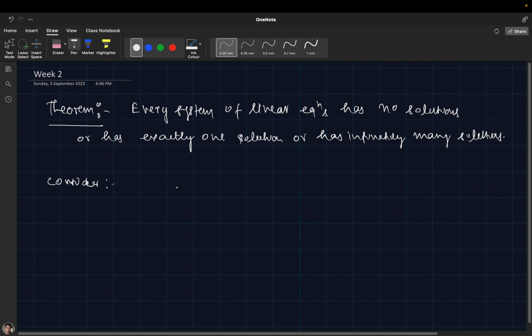Okay, so let's consider a system such that a11 x1 plus a12 x2 plus dot dot dot a1n xn equal to b1, a21 x1 plus a22 x2 plus dot dot dot a2n xn equal to b2.